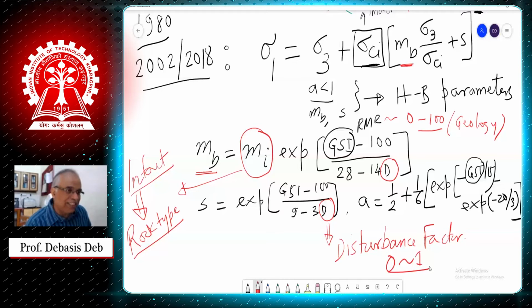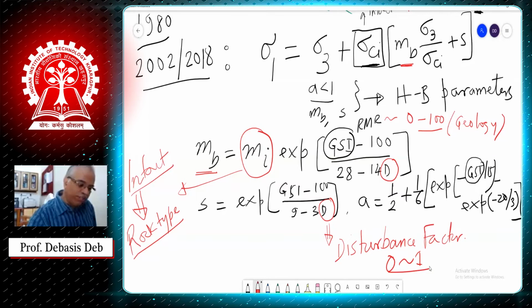There is no blasting. We just continuously cut the rock or the coal. So this is called the disturbance factor. It comes directly from blasting, or the disturbance can happen for any other reason.